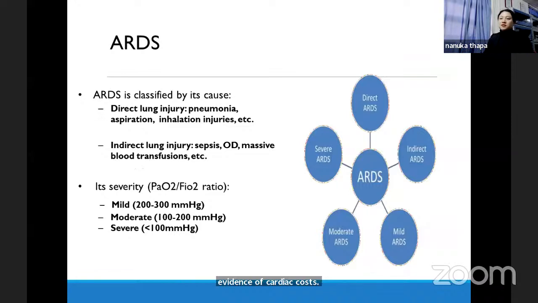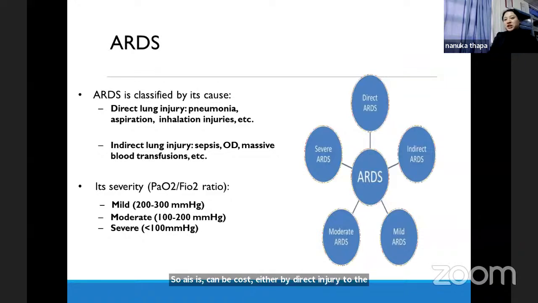So ARDS can be caused either by direct injury to the lung or indirect injury. Direct injury can be in the form of pneumonia, aspiration of gastric contents, inhalational injuries, lung contusions, etc. And in indirect lung injury, we have sepsis, massive blood transfusion, you must have heard of TRALI, or transfusion-related acute lung injury.